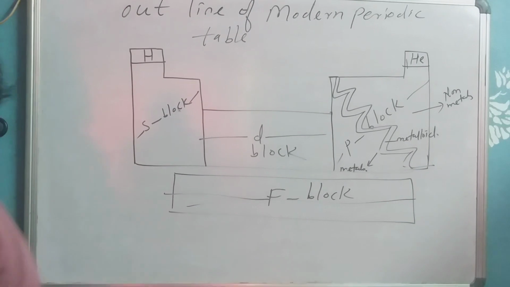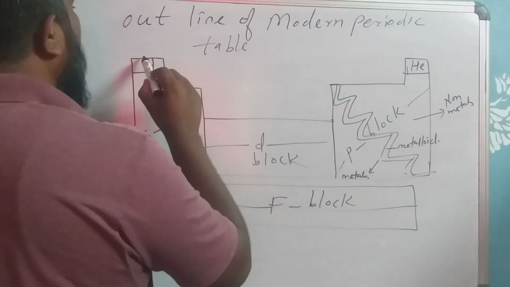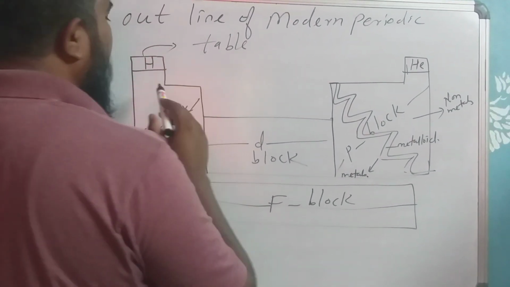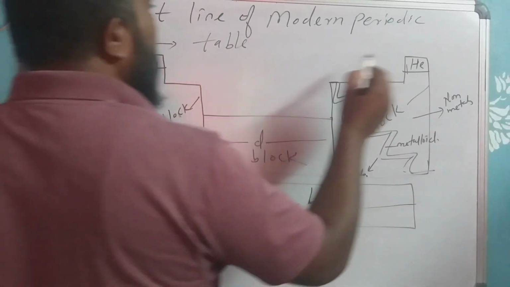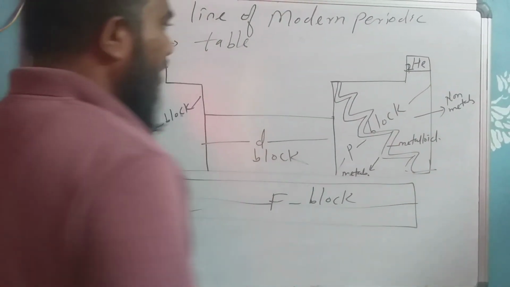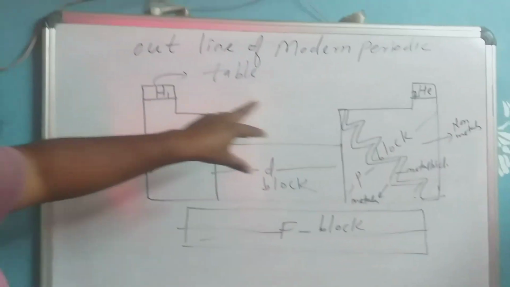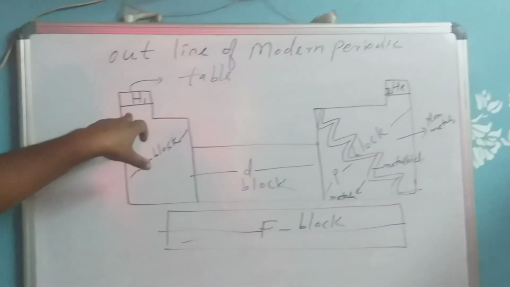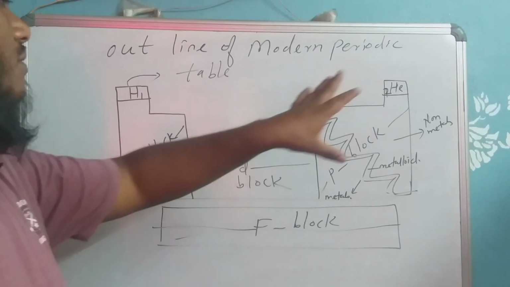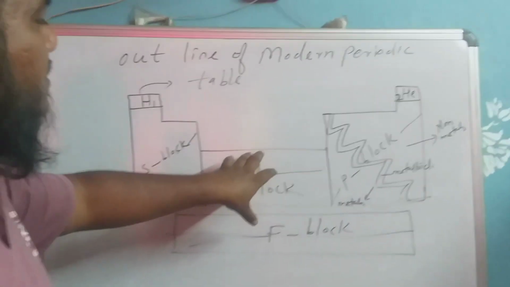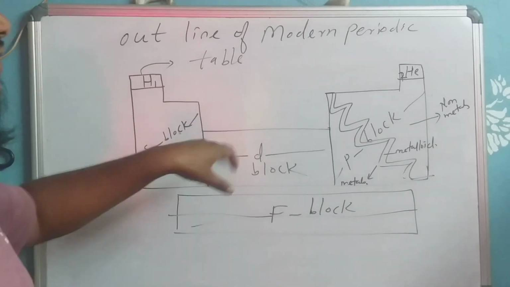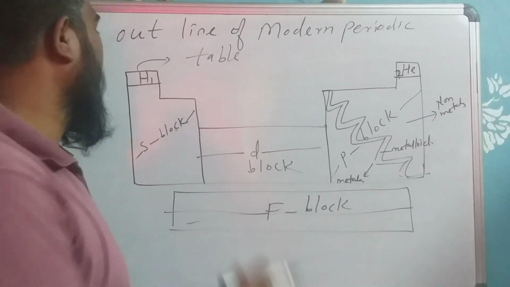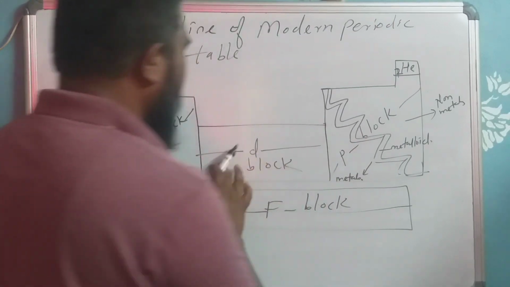If you want to read the modern periodic table from left to right, we go from 1 to 2 in the P block, and directly to the third, lithium, beryllium, boron, and so on, and lastly after 20 elements we enter the D block. That's why we pronounce it as S, P, D and F.